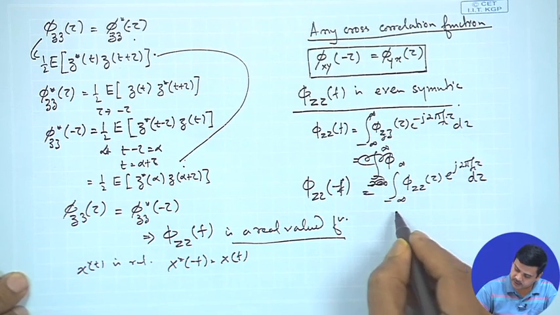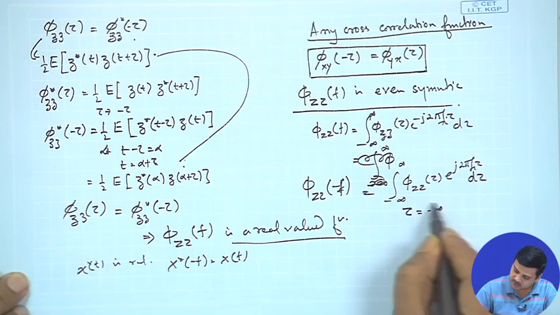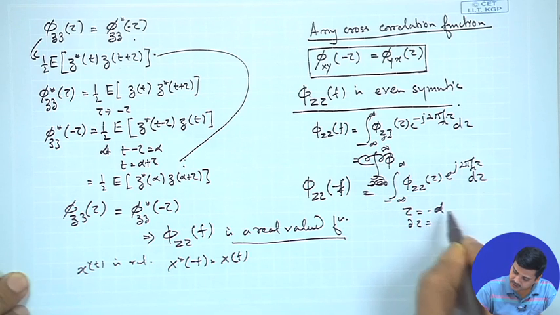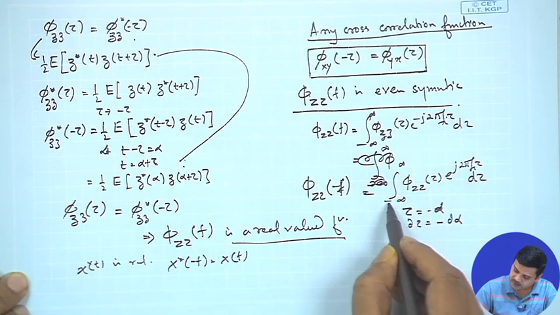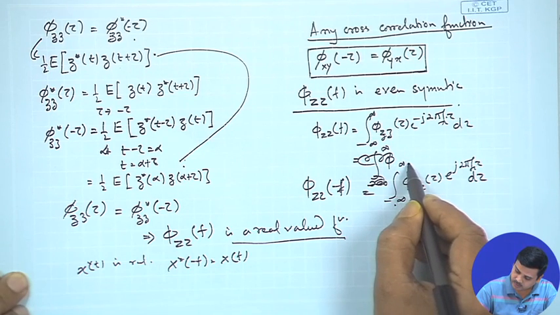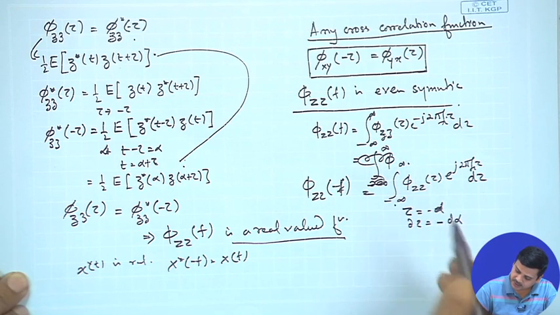At this point we would like to change over tau is equal to minus alpha. So, if we let tau is equal to minus alpha, d tau would be minus d alpha, and this range of integral would change from infinity to minus infinity. However, because of this minus, again the sign is going to reverse.